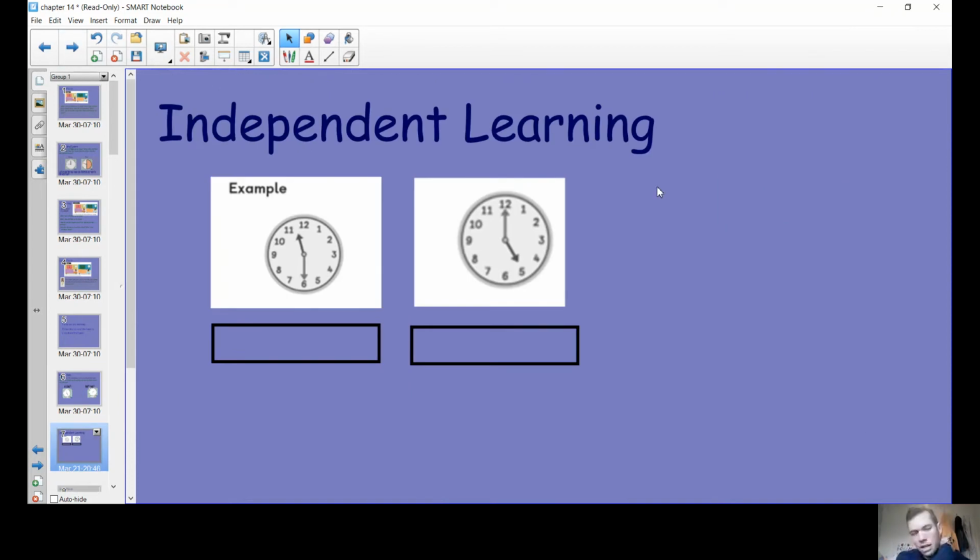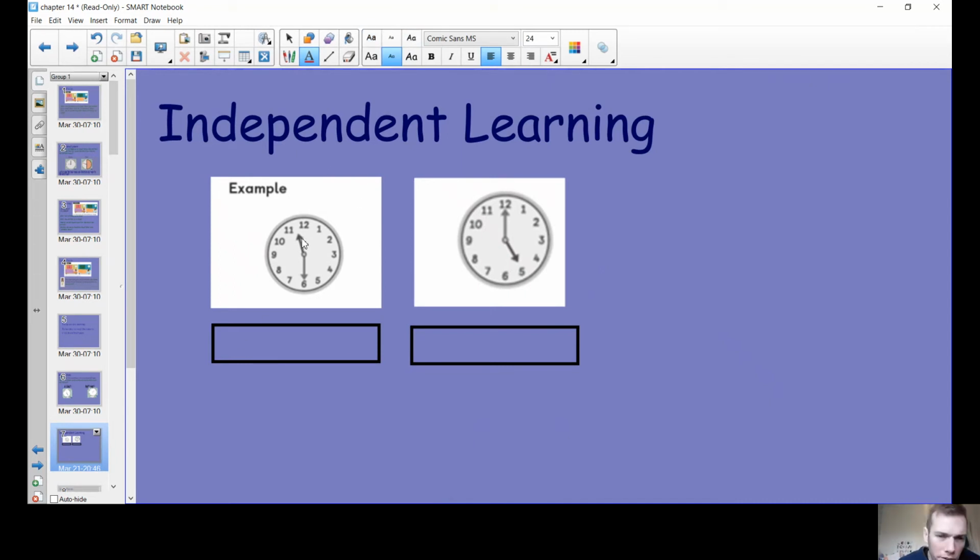Now, if you're independent learning today, we've got a lot of different activities for you, and they're all about finding out whether the clocks say half past or o'clock. The only other thing we need to know is how to write those down when we write down the words. So I'm going to show you once on here.